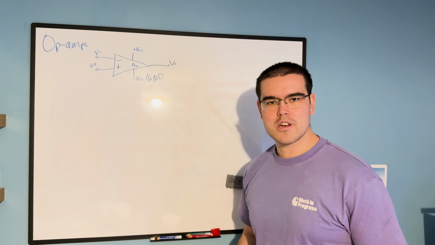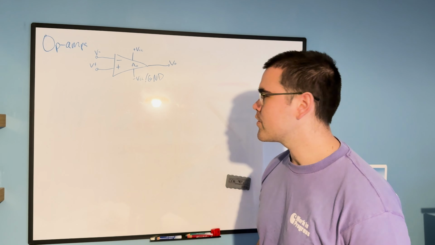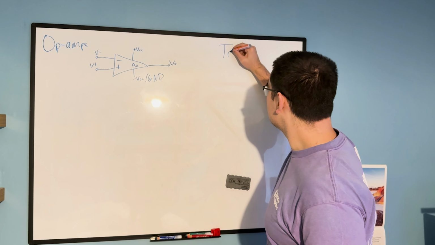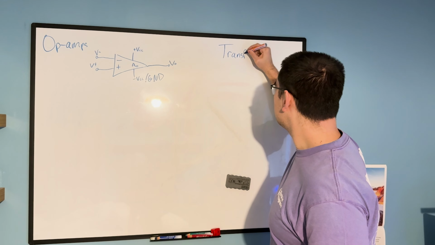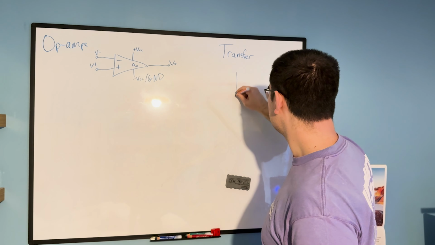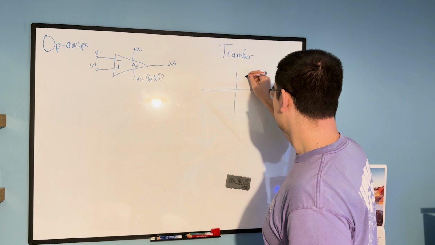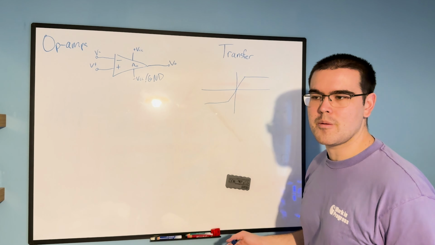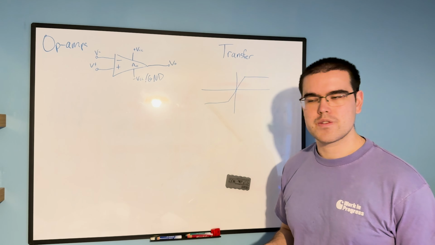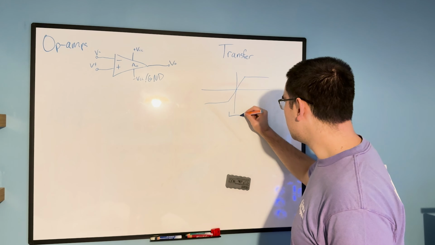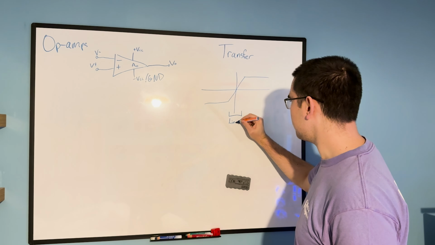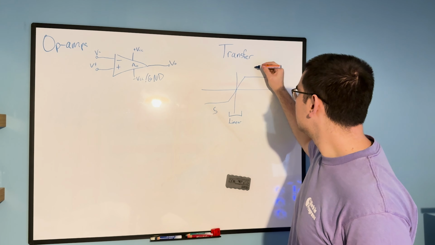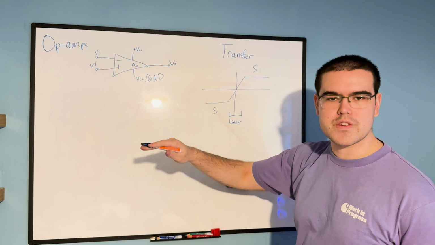So let's take a closer look at what we call the transfer characteristics to understand its behavior. It has two regions that are of interest to us. Well, technically three. We have a linear region, then we have these saturation regions where it's constant.